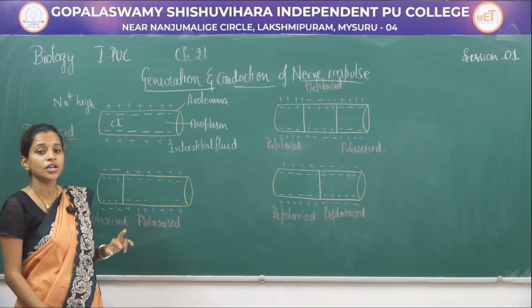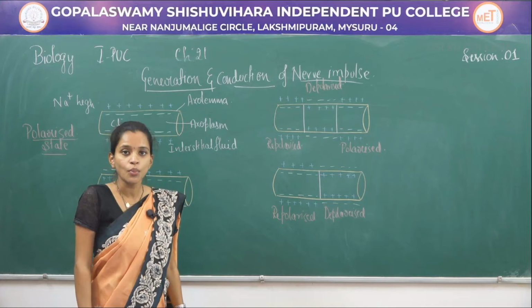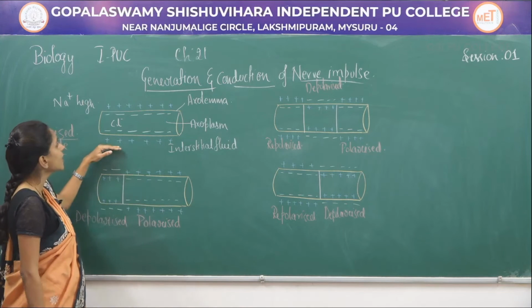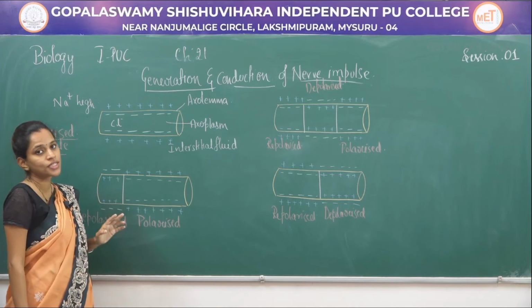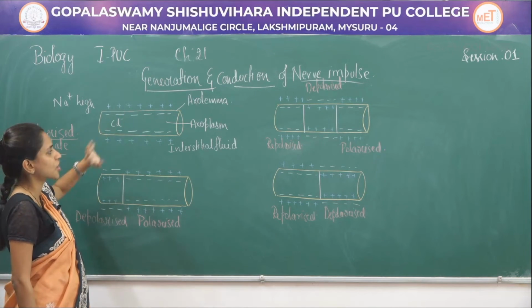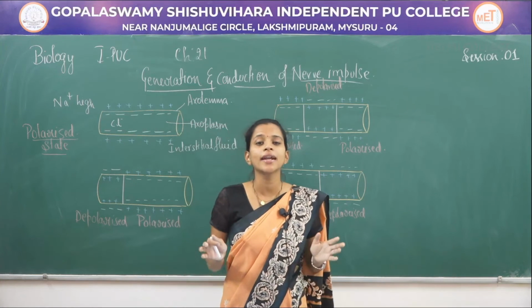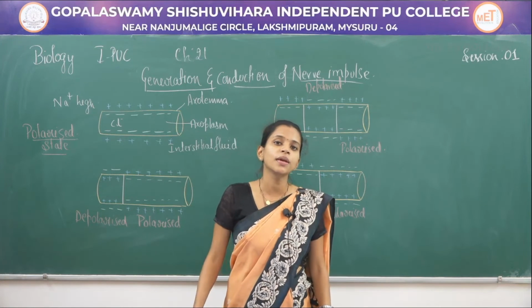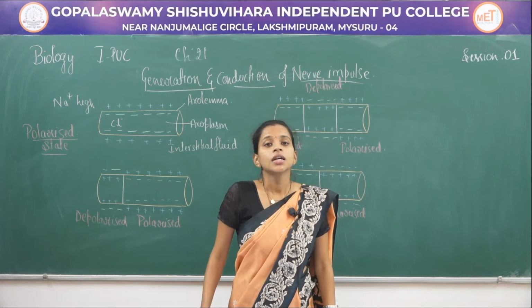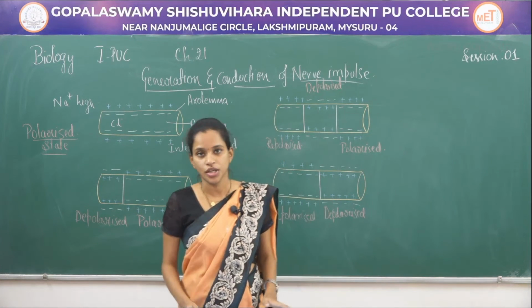Especially, the amount of sodium will be much more compared to potassium. That is why the positive charge can be observed in the interstitial fluid. When the neuron is in such a condition, where the axoplasm is negatively charged and the interstitial fluid is positively charged, this is termed polarized state or resting potential.